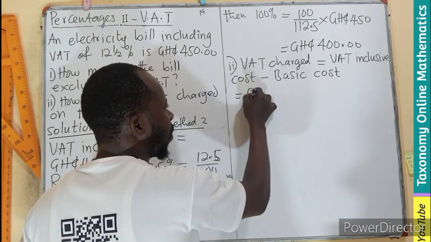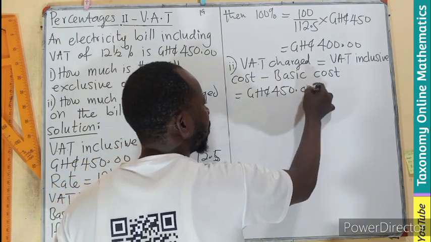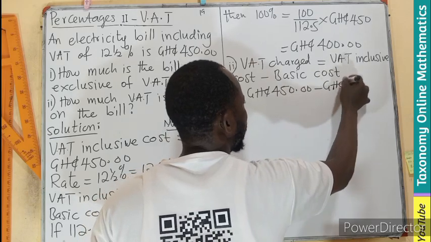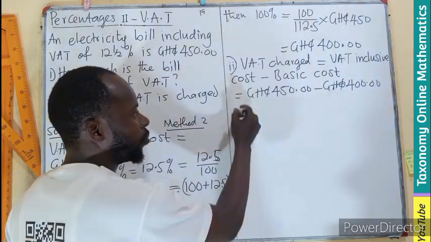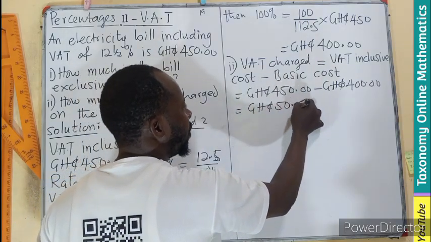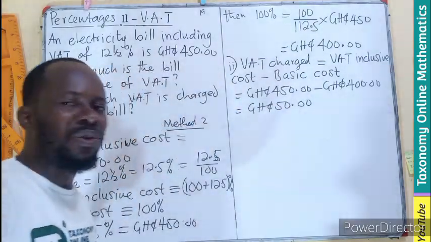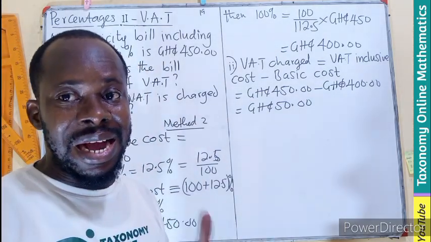The inclusive was 450, then the exclusive was 400 cedis. So putting that together, we should be left with only 50 Ghana cedis. So it means the VAT component in terms of value will be 50 Ghana cedis.